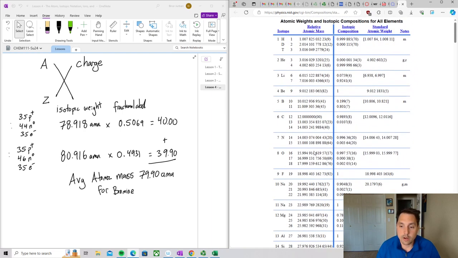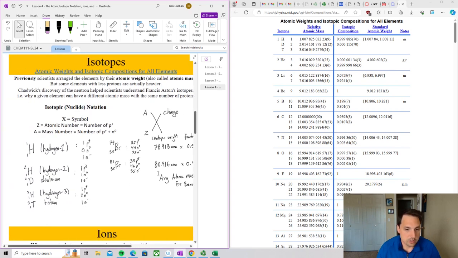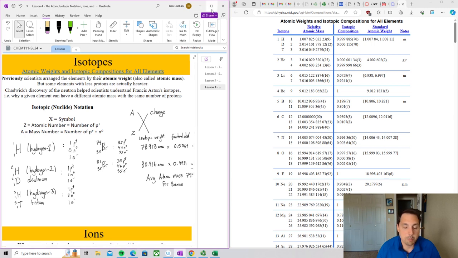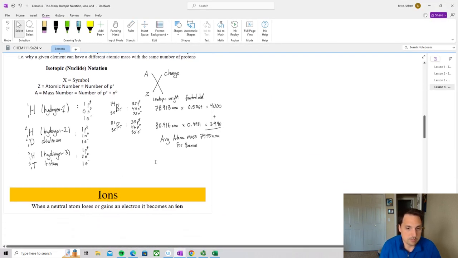So we'll have a range, and it's interesting to look at some of the different main isotopes that are found in nature, and to pay attention to that when you're learning chemistry for the first time. Okay, so that's a little bit about isotopes and about how to find the average atomic mass of an element.